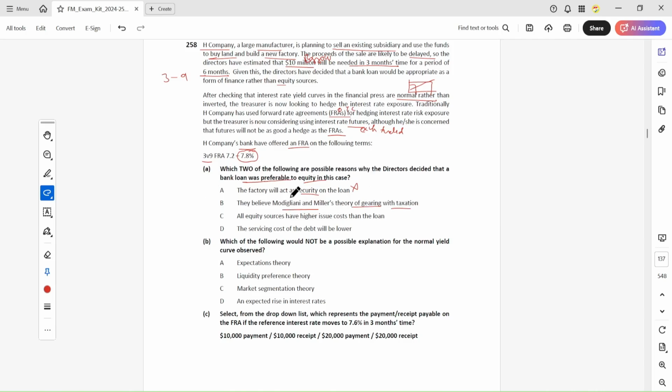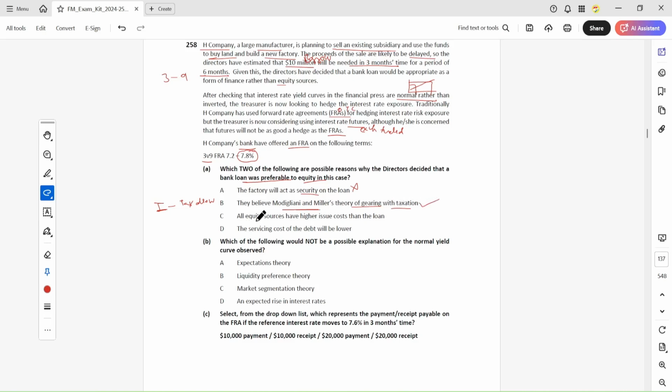They are preferring a bank loan because interest is tax allowable, so you get the benefit of tax saving on interest. According to the theory, that is why they prefer the bank loan.